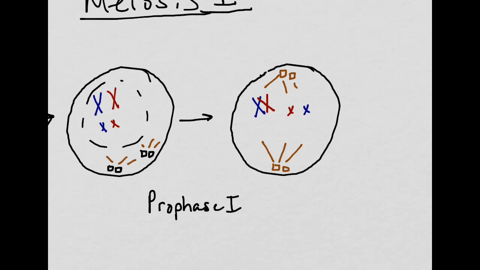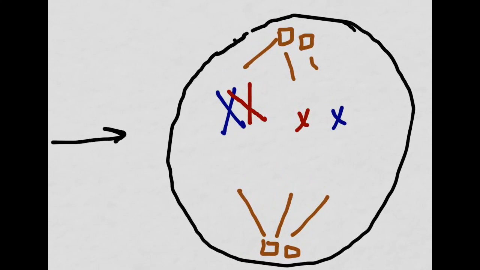So here we are in prophase, the middle of prophase, and we can see that the homologous chromosomes are beginning to pair up. What does that mean? So if I zoom in on this guy here, you can see my big blue chromosome and my big red chromosome. These guys are homologous chromosomes.